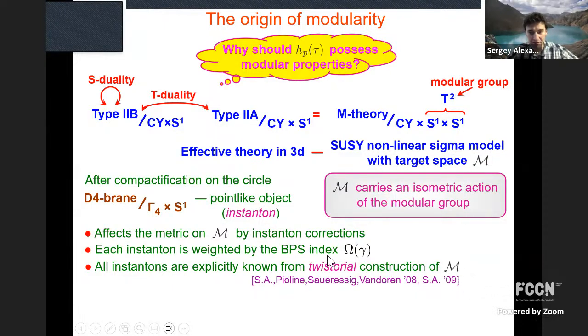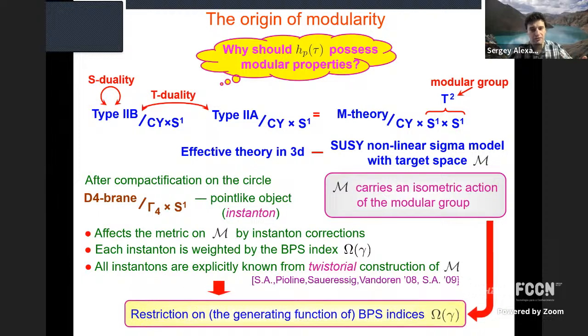We have a metric which depends on these BPS indices through the instanton corrections, and on the other hand, must carry an isometric action of SL(2,Z). Of course, this cannot happen for arbitrary BPS indices, and SL(2,Z) invariance imposes certain restrictions on them, or more precisely on the generating functions.